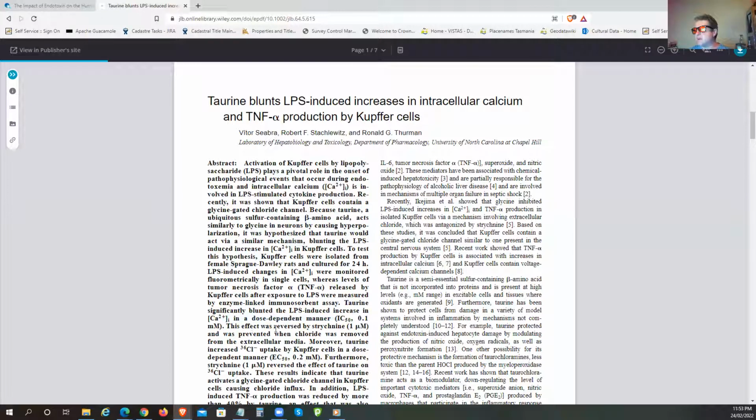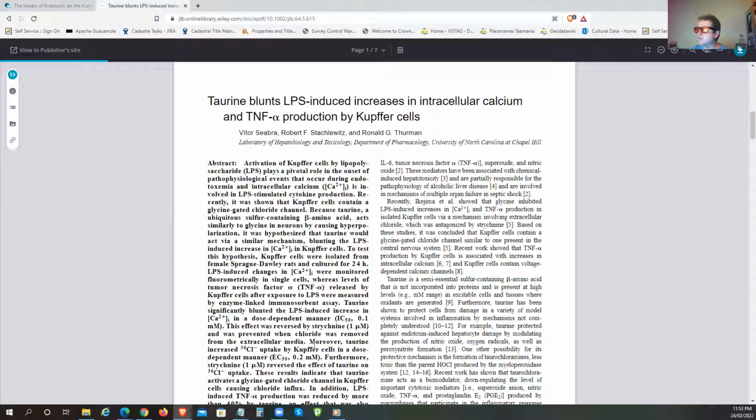Anyway, this effect was reversed by strychnine, which was prevented when chloride was removed from the extracellular media. So they're playing around with all these other substances to see whether they can affect it in a different way. That substance is a toxic substance which they use to kill rats as well.